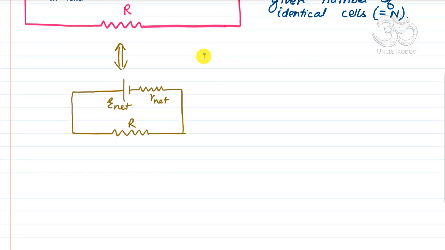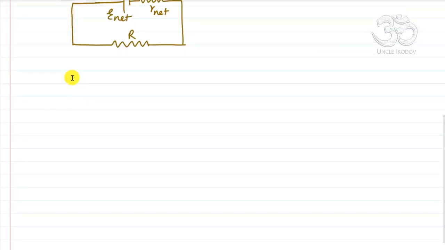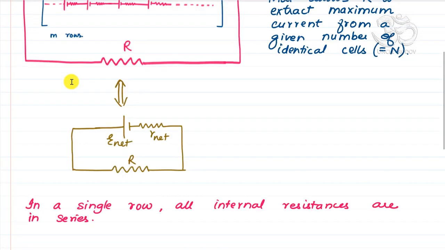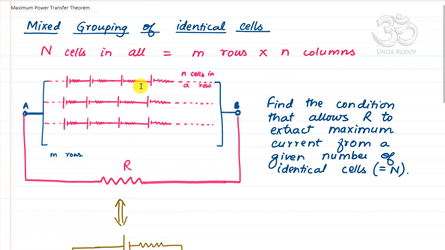So in a single row, all internal resistances are in series. That's one. And you will see that all the EMFs are helping out each other. So all the EMFs have been arranged in a row in which all of them are facing in the same direction.